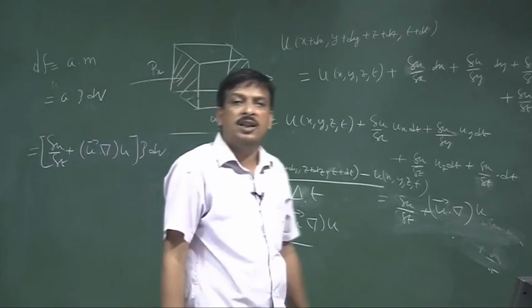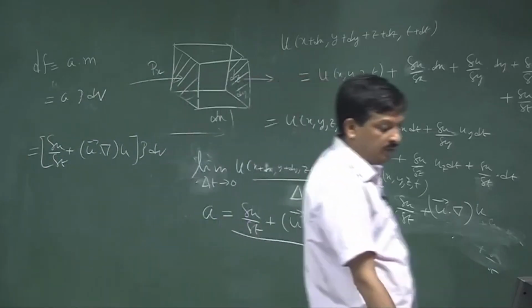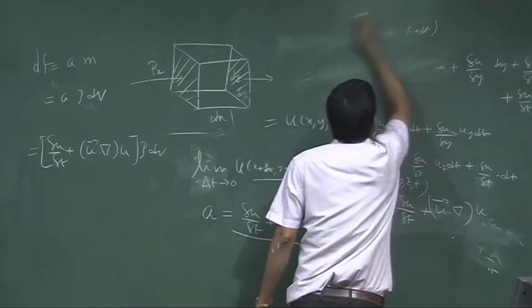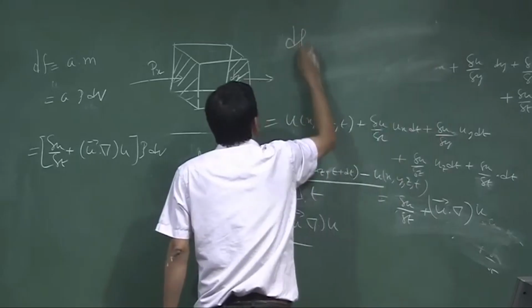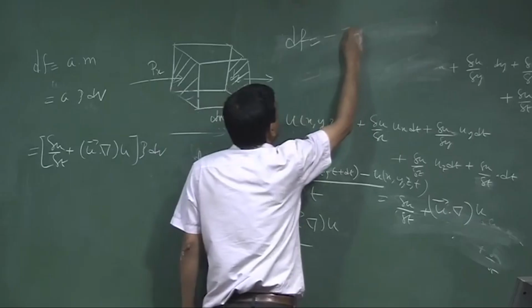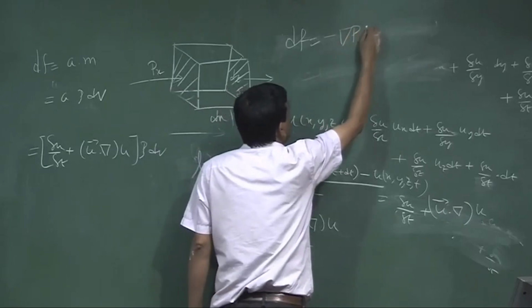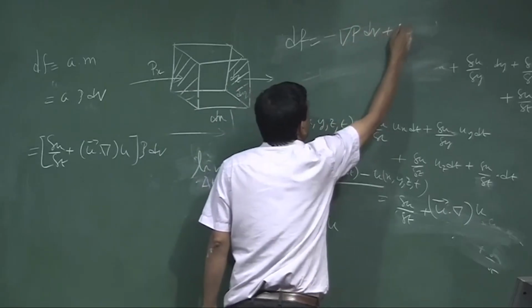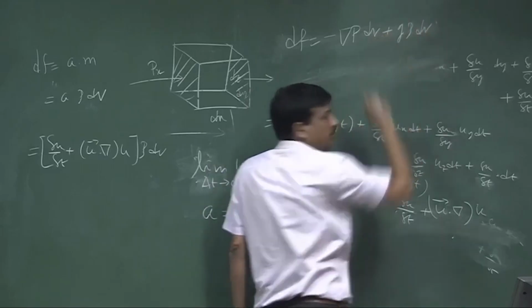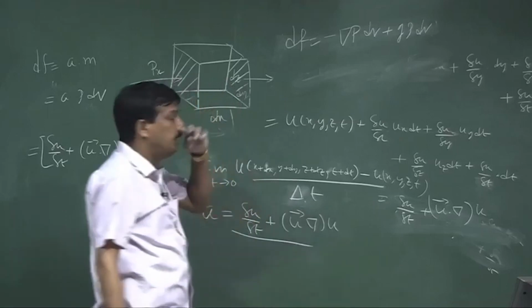And what force expression have we derived? The expression of the force from that equation, we derived that the total force dF is nothing but minus divergence of the total pressure into dV plus gravitational acceleration into density into volume dV.